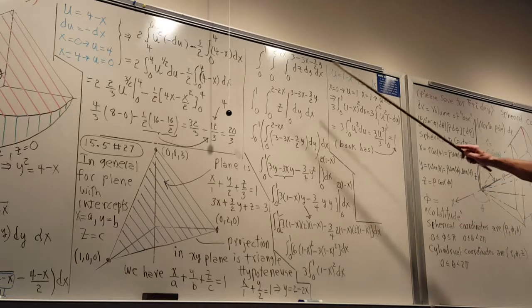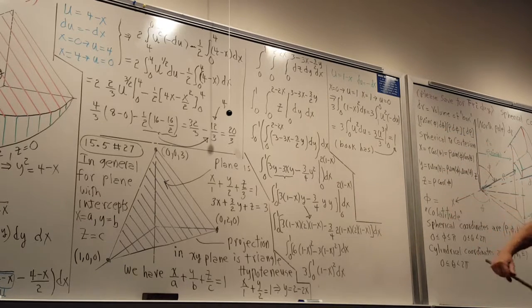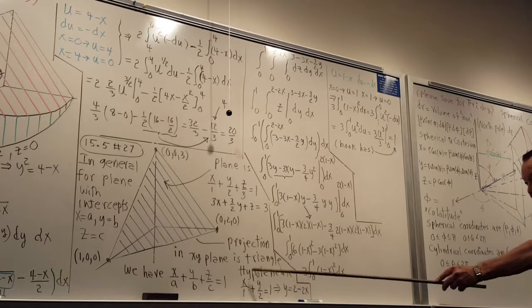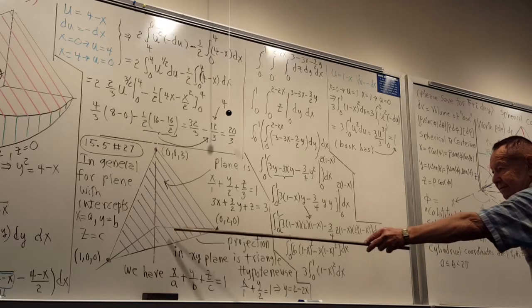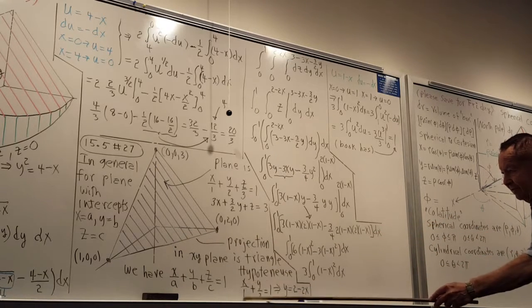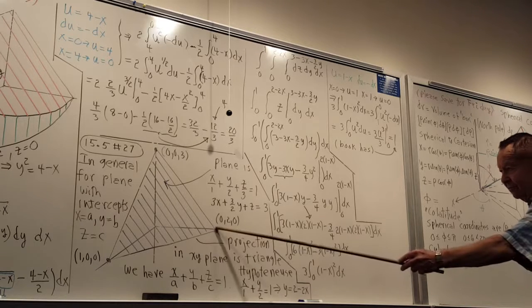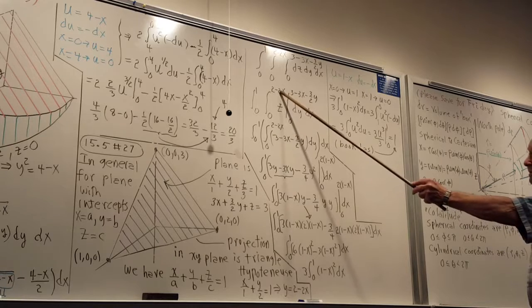So I've used that same approach to get that the hypotenuse of my triangle down here in the xy plane is x over 1 plus y over 2 equals 1. So y is 2 minus 2x.